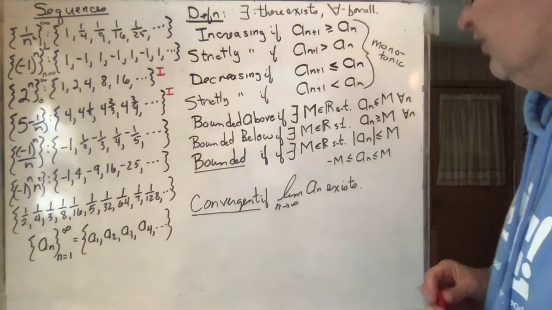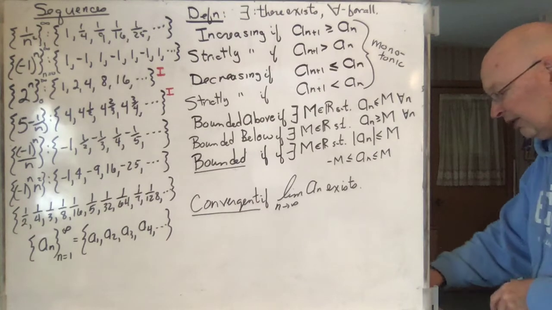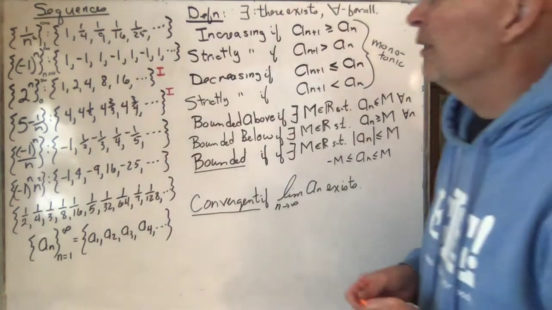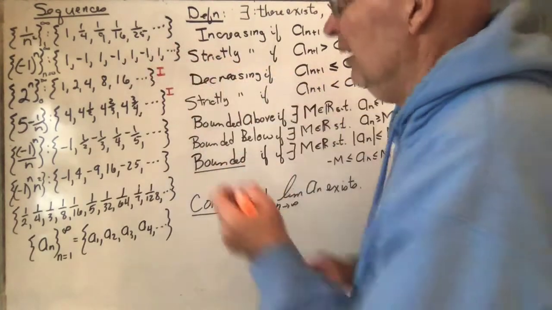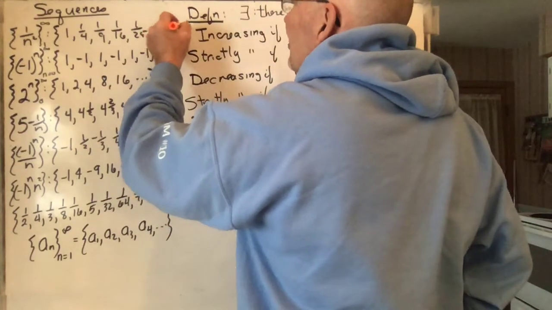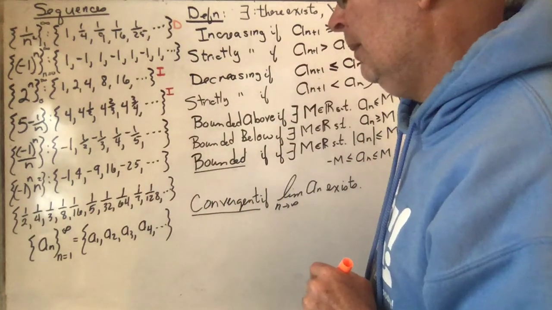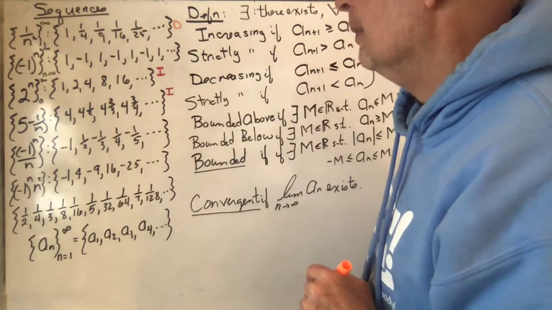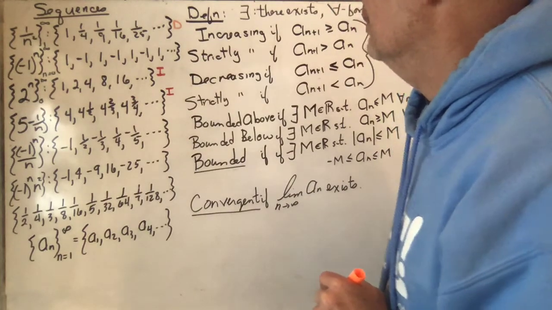What about decreasing? Are there any that are decreasing? You go ahead and look at them while I grab another color here. Decreasing. It looks like this one is. Agreed? This one's decreasing. Is that the only one? I think so. Okay.